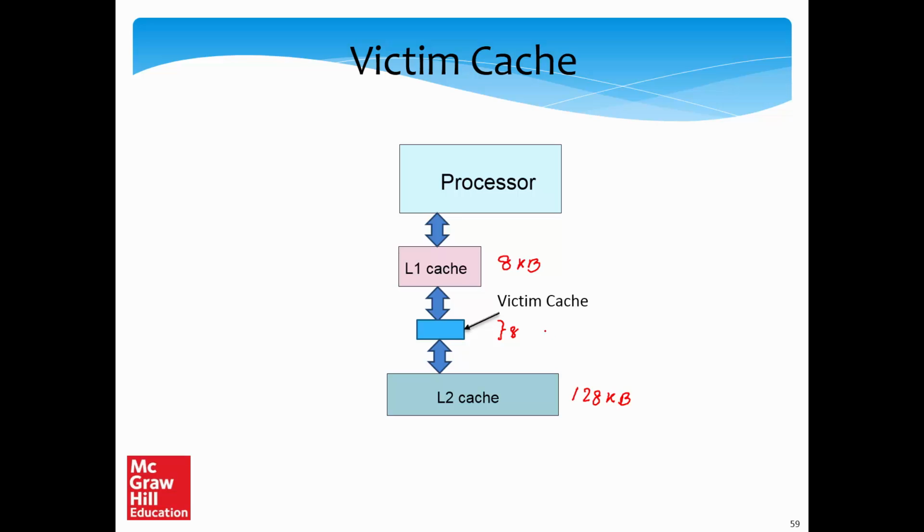And if one entry is 64 bytes, 8 entries will be 512 bytes, or essentially half a kilobyte. So half a kilobyte is not really a lot. It's not tremendously increasing the size, but it can make a fair amount of difference.